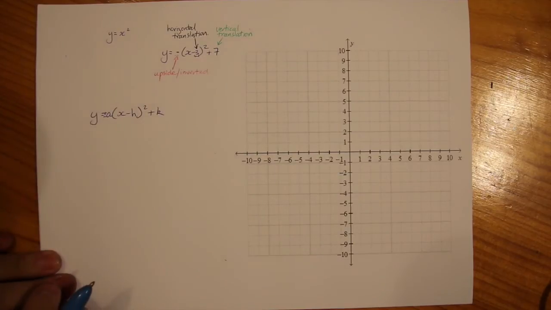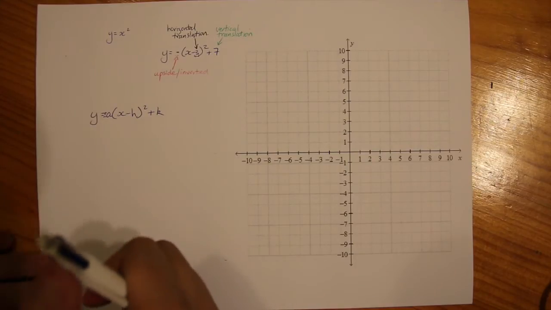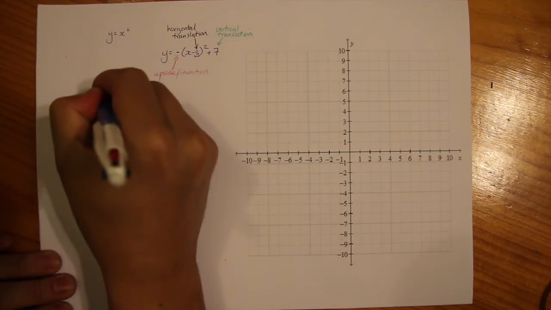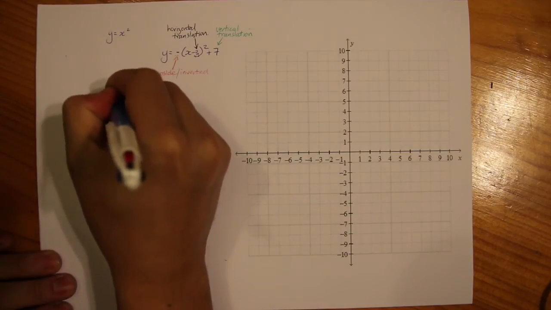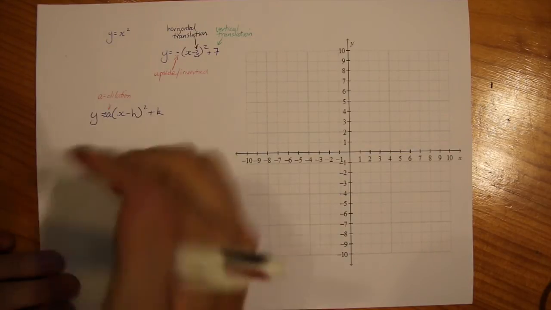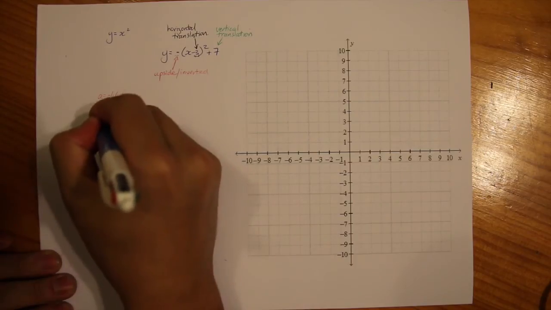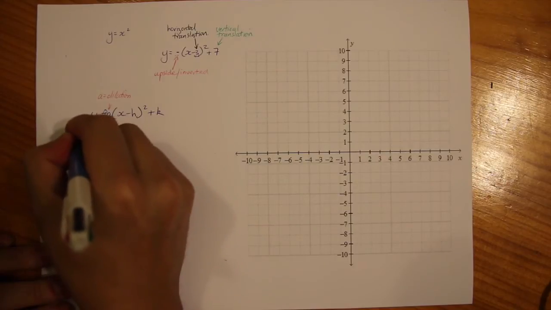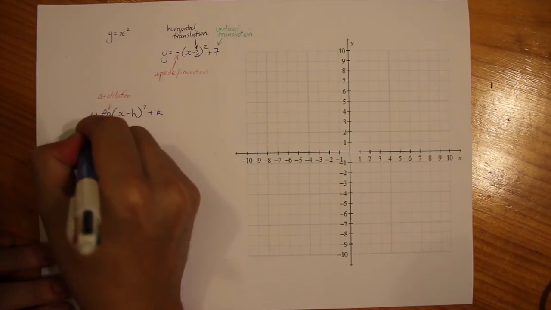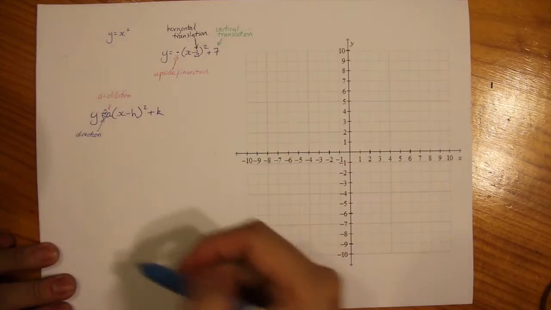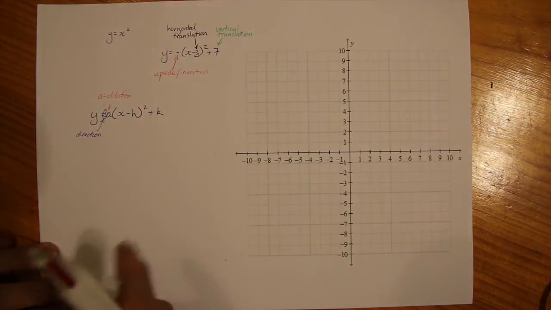I'm going to put a plus or minus a in the front because the a is your dilation. The positive or negative value is going to be more the direction, whether it's going to be the right way up or whether it's actually going to be inverted.